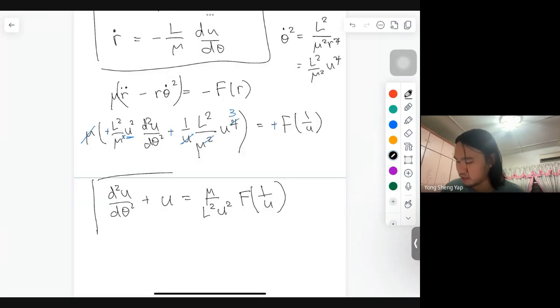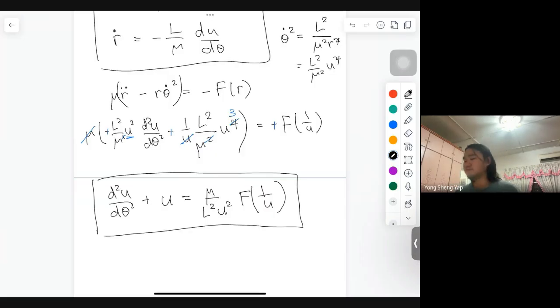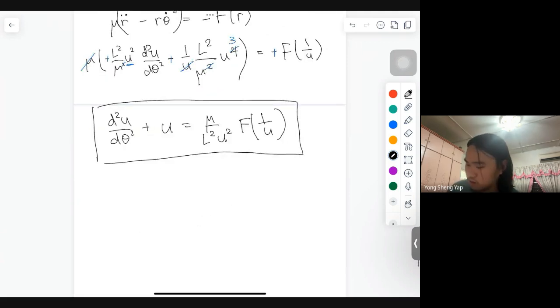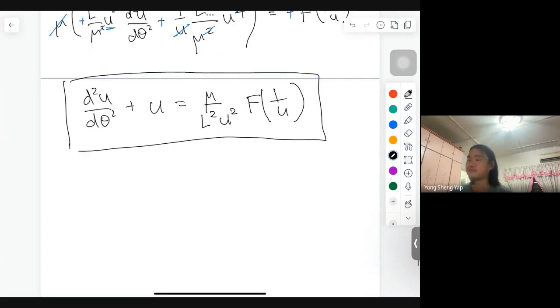This is the equation of motion that we have, which looks very intimidating and very difficult to solve. But let's deal with something simpler.